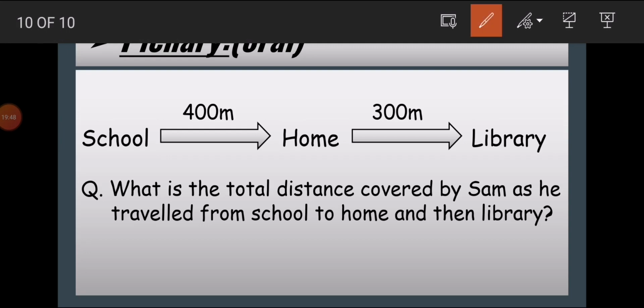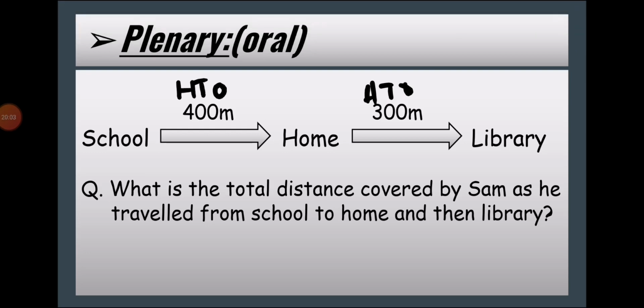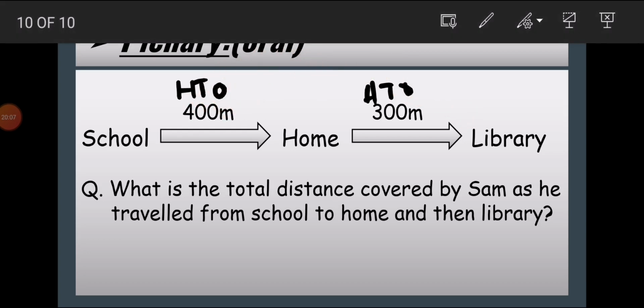First, I am putting the place value here: ones, tens, hundreds. We always start from the extreme right side. The first value is ones. The second digit, we put the second value tens. The third digit, we put the third value, that is hundreds. Now, we just add the ones in ones, tens in tens, and hundreds in hundreds. So, ones in ones, we get 0.